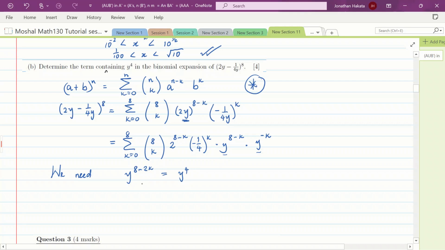So the bases are the same, and therefore we should match the powers. Therefore, 8 minus 2k should be equal to 4. Simplifying this, if we take the 8 to the right hand side, we have 4 minus 8, which will be minus 4. So dividing by minus 2, k becomes 2.